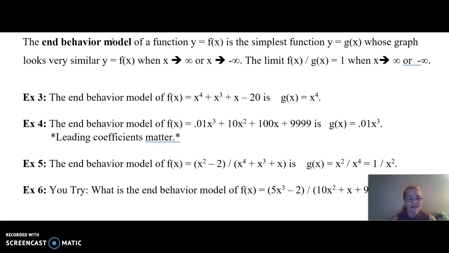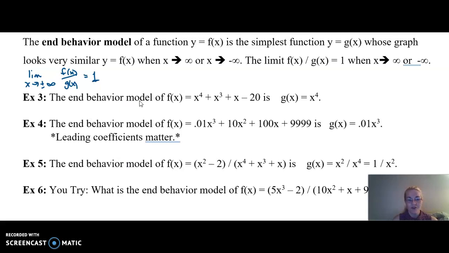And what we say mathematically is g is the end behavior of f when, and this is something you'll see in calculus, so I'm just introducing it to you right now, the limit as x goes to plus or minus infinity of f of x divided by g of x is equal to 1. I don't expect that to make much sense right now, but here's the idea.